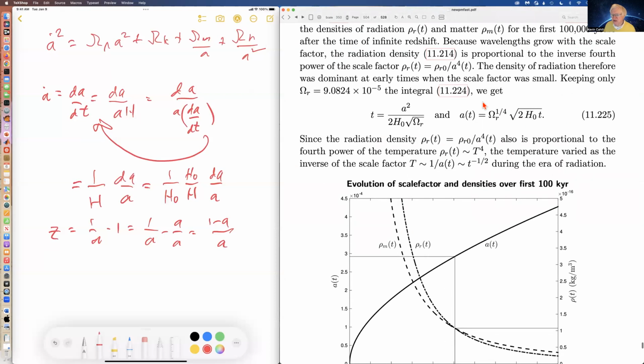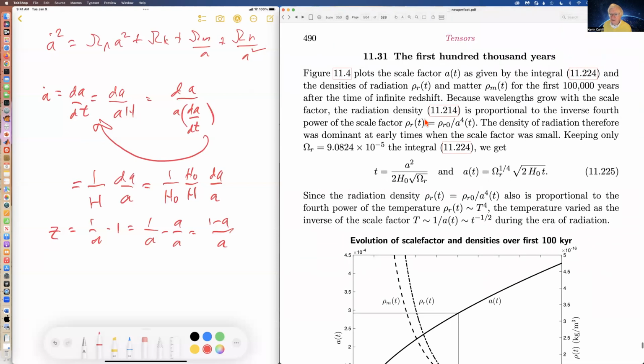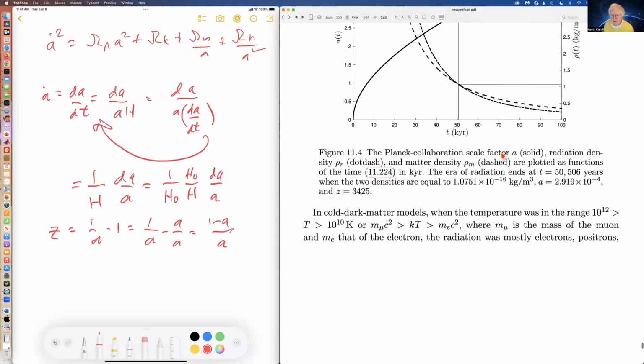So A, the scale factor goes as the square root of T initially, or equivalently, T goes as A squared for the first 50,000 years. And then after that, we'll get to after that in a moment.